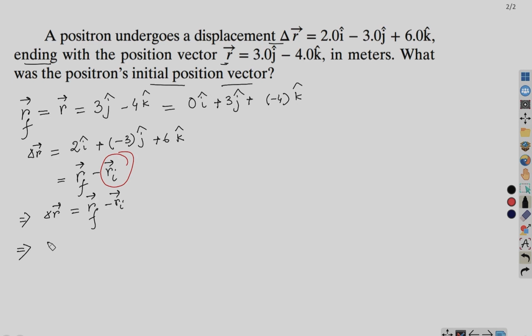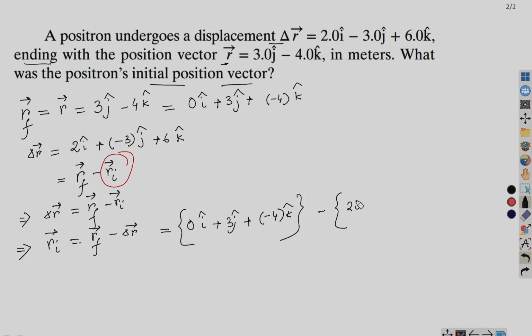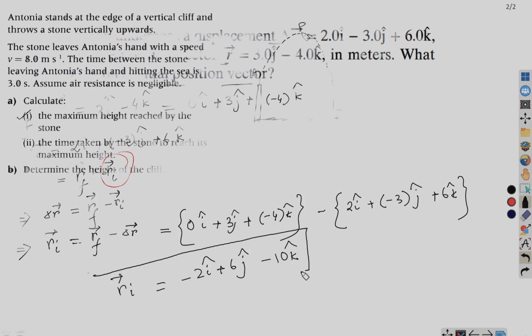This implies Ri vector equals Rf vector minus delta r vector, so we will now just substitute the values, which is this one, 2 i cap, and if we simplify this we obtain, therefore the initial position vector of the positron is given by this.